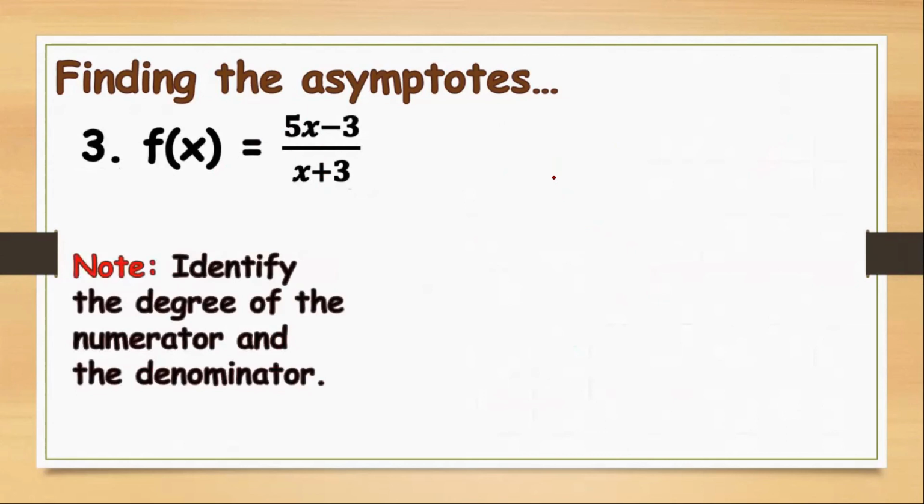Now, let's find our horizontal asymptote. In finding the horizontal asymptote, we should compare the degree of the numerator and the denominator. In this case, the degree of the numerator is 1, and the degree of the denominator is also 1. So n is equal to m, and therefore our horizontal asymptote will be a over b.